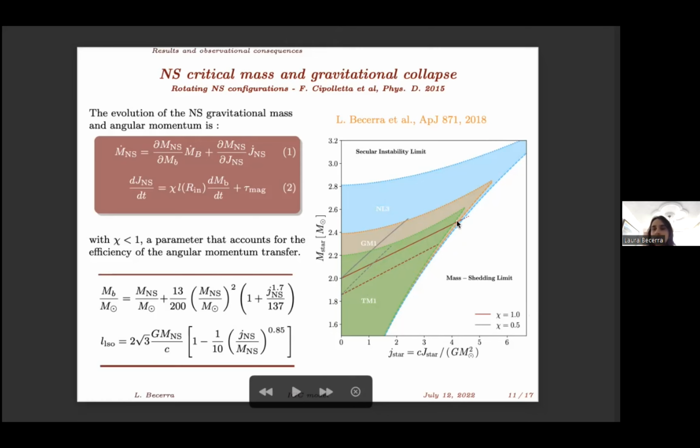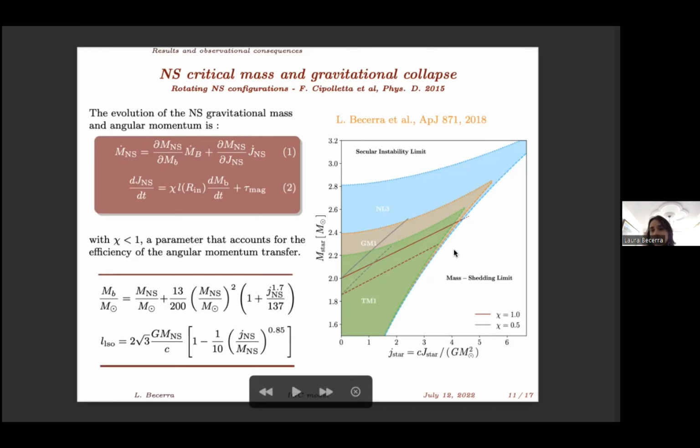And this means that they are going to rotate so fast that the material at the equator will be rotating faster than a particle in a Keplerian orbit. So probably the star will start to expel this matter that rotates faster, but we don't know if this can lead the star to a collapse or just to come back to a stable configuration.